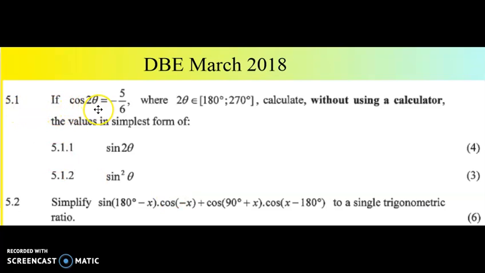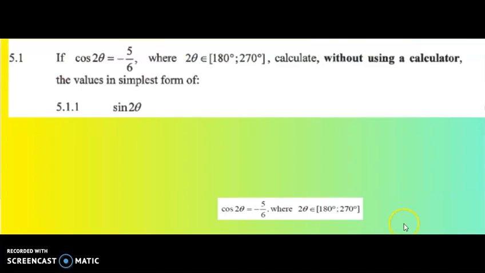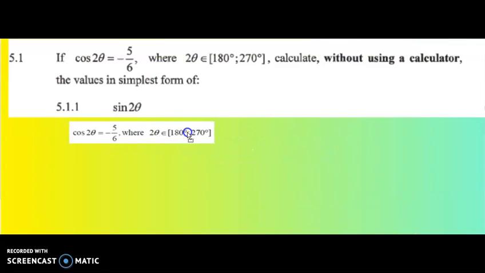If cos 2 times an angle is equal to negative 5 over 6, where 2 theta is an element of 180 and 270 degrees. First things first, what does cos 2 theta being equal to negative 5 over 6 mean to me?